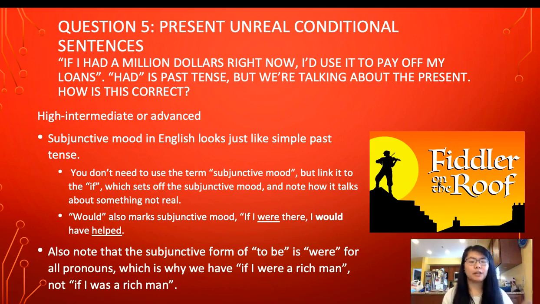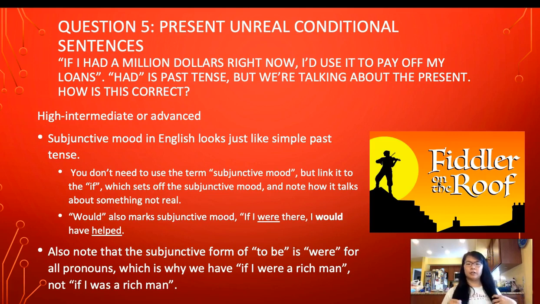Anyway, so this is the subjunctive mood in English. We do not need to use the term subjunctive mood. It confuses native speakers like myself. So what you need to know is basically that this is a special verb tense, for lack of a better term, to talk about things that are not real. Again, conditional. So like, if I had this, then I would do that.